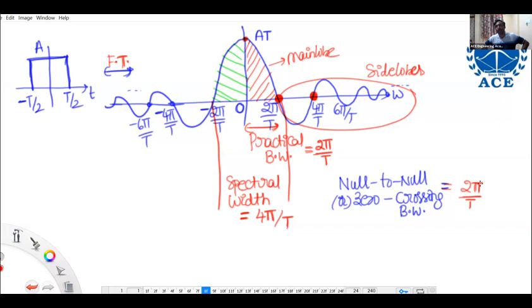In electromagnetics, for a dipole, we learn half power beamwidth and bandwidth first null.